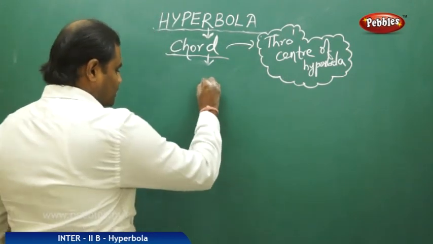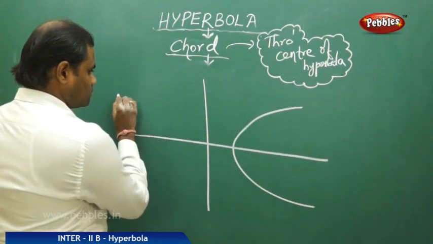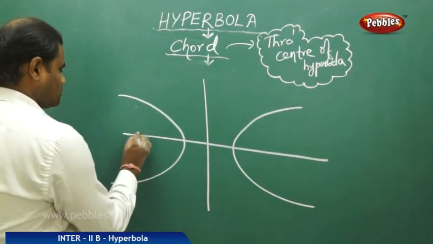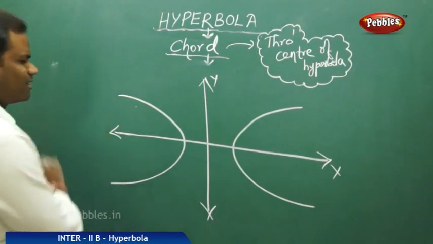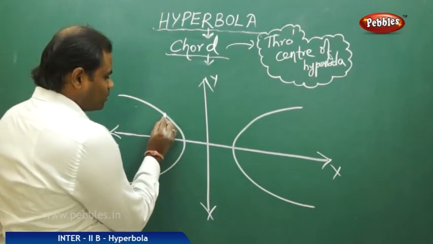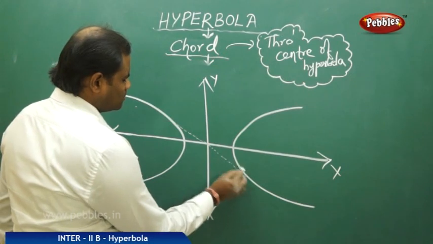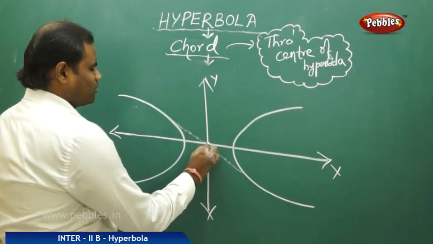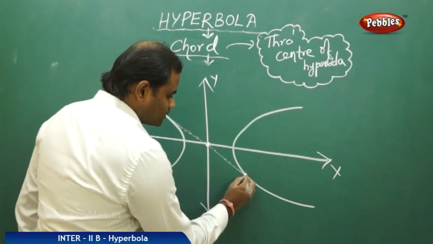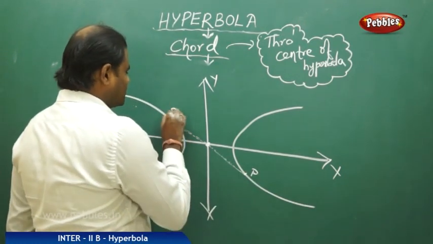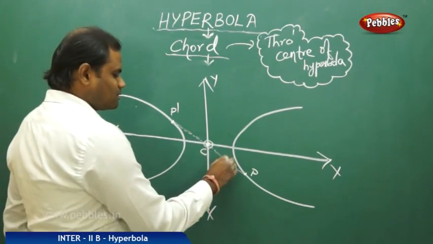If I take a hyperbola in standard form with x-axis and y-axis, and I take a chord passing through the center of the hyperbola, then geometrically, if C is the point of intersection, the two parts will be equal.